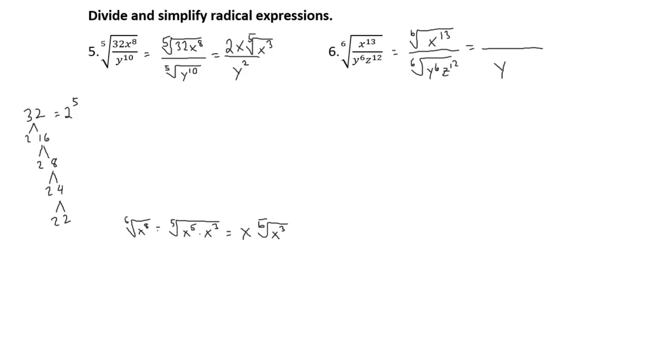Well, z to the 12 divided by 6 is z squared. And since we have 6 on top, we have x. 13 does not divide by 6, but 12 does. So 12 divided by 6 gives us 2. So we're going to pull out an x squared, and we'll have a 6th root of x stay on the inside. 2 times 6 is 12, plus 1 more gives you back 13.